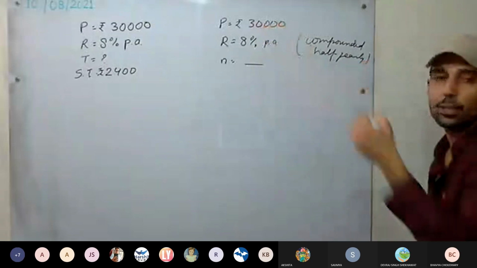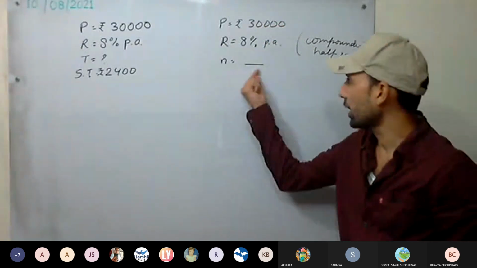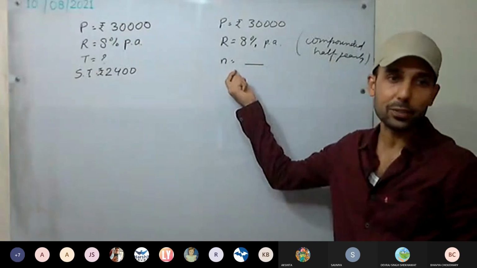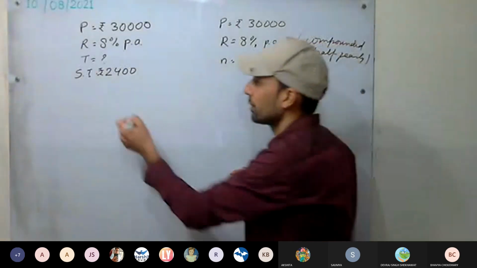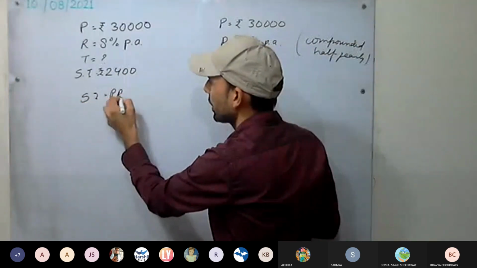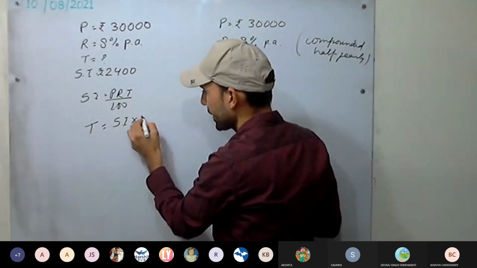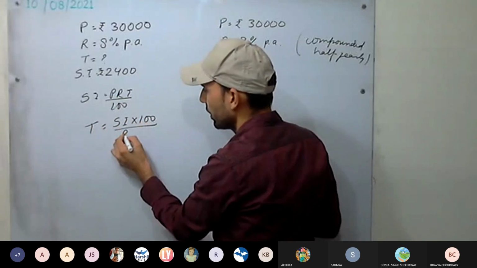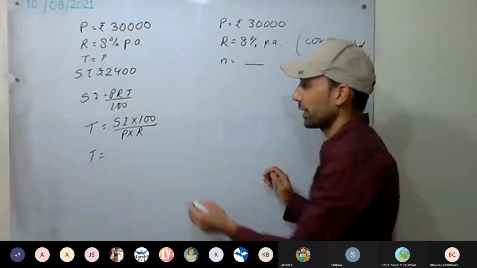Calculate the compound interest. This is the question. For calculation of the compound interest, we require for how many years it has been invested. So calculate the number of years from here. PRT upon 100. T equal to SI into 100 divided by P into R. Calculate and tell me how much are you getting?